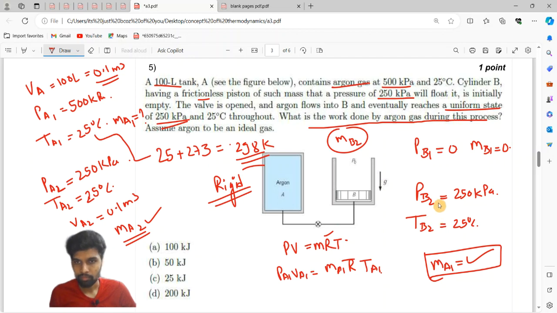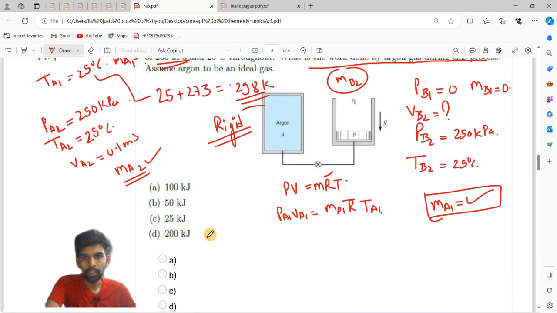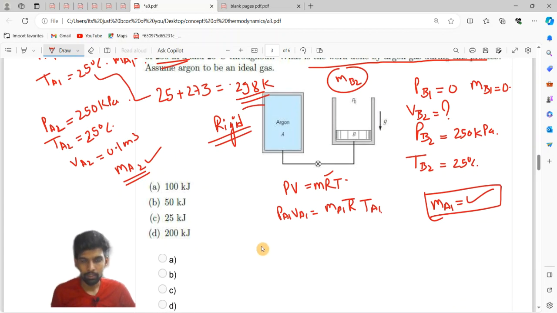Similarly for B, P is given and T is given, but VB2 is not given, so it is unknown. So we can write a mass balance: mass at state 1, MA1, is equal to mass at state 2.